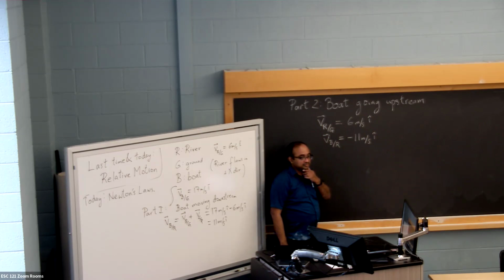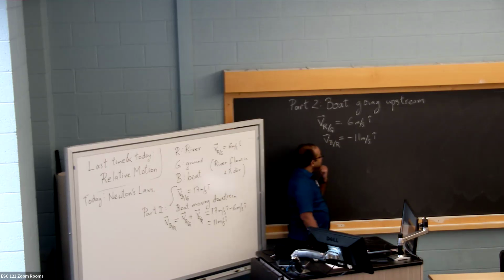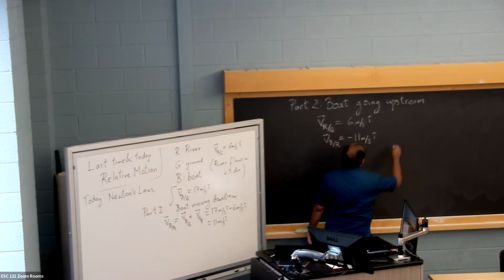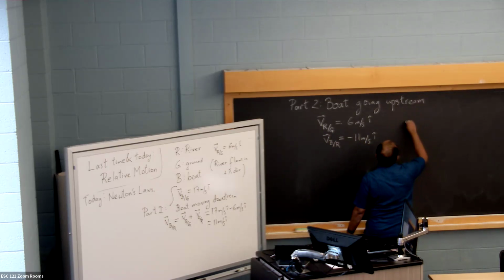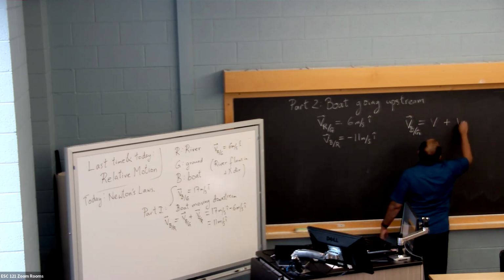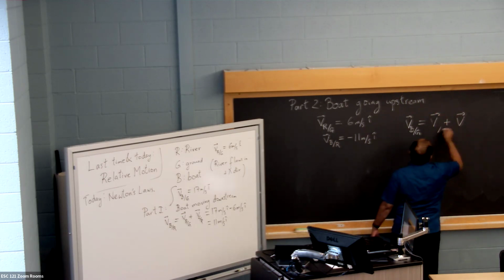Question? Okay. All right, and so then again, we want to find the remaining relative velocity. And the question is asking for the velocity of the boat with respect to the ground. So we're going to write that as the sum of two relative velocities.